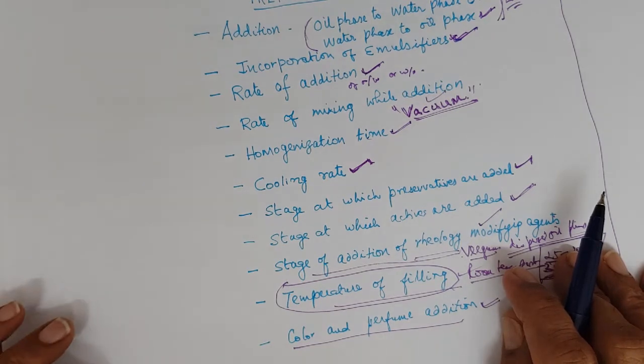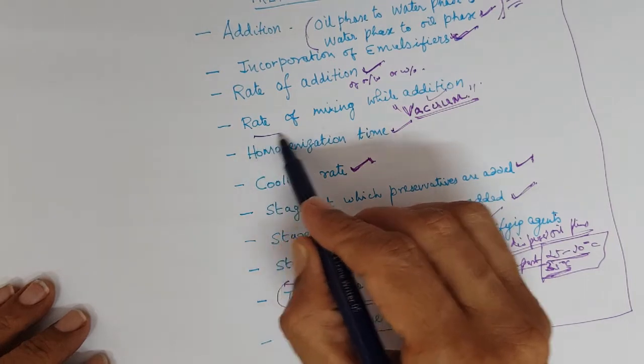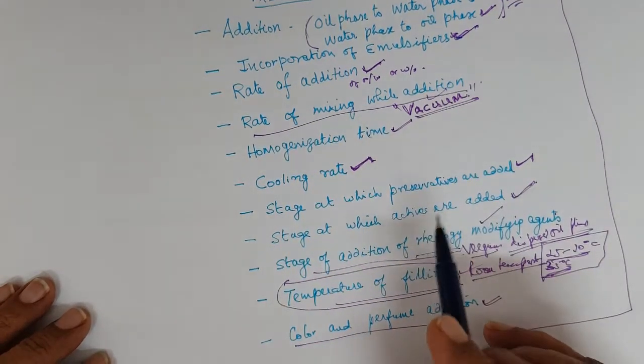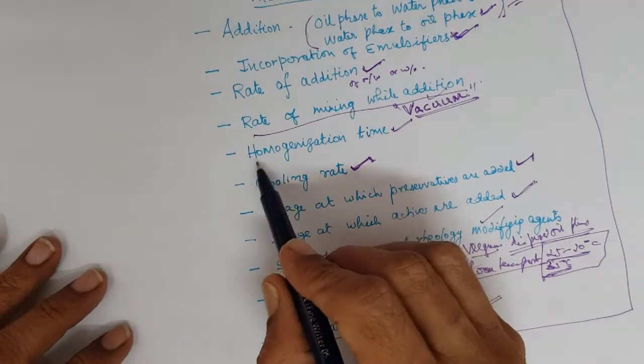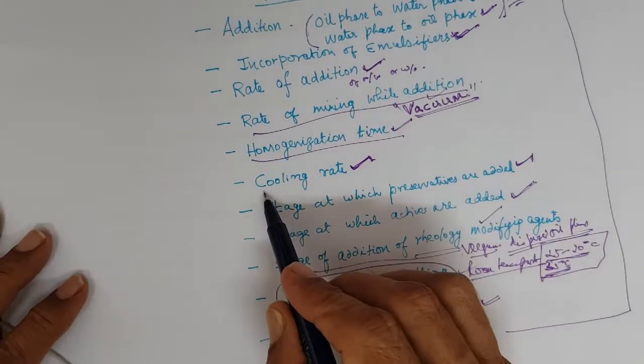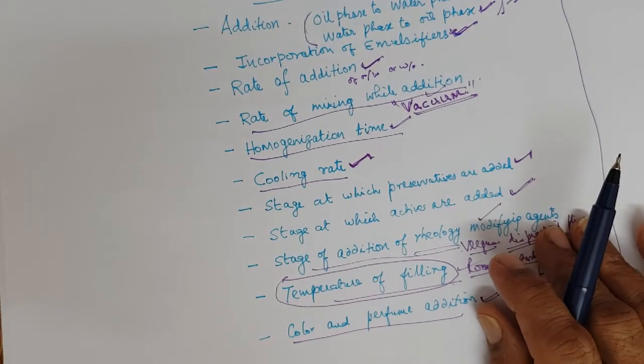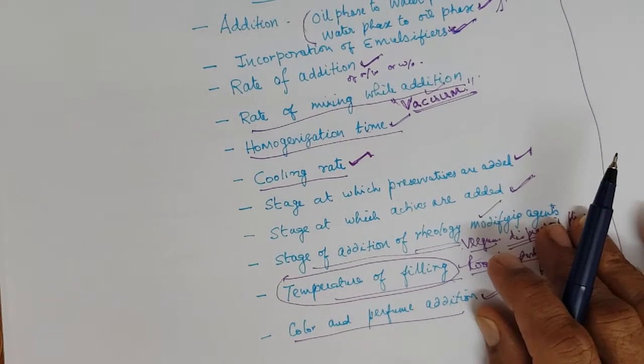Rate of addition of oil to water or water to oil, whatever it is. Rate of mixing while adding the phases. Then homogenization time has to be specified. Cooling rate: some emulsions can't be cooled very fast.